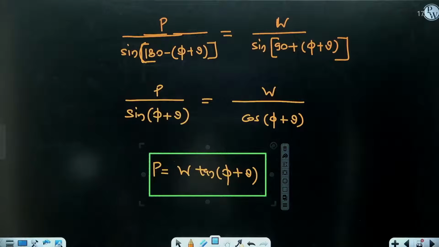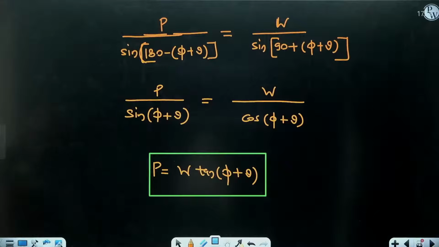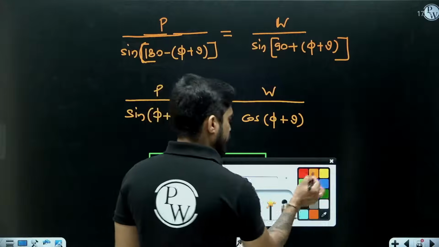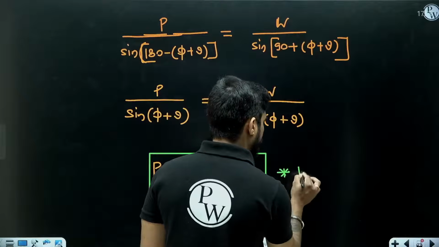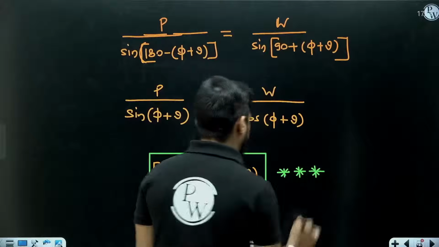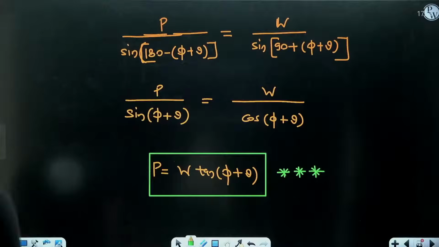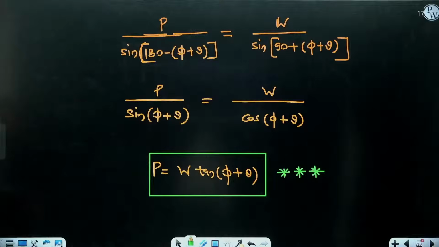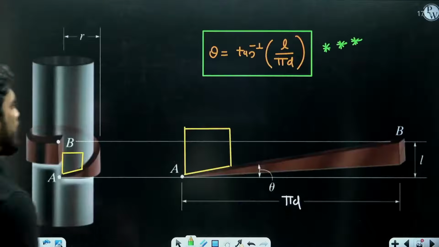This is the force required to raise a weight W on the screw jack, where W is the weight, phi is the friction angle, and theta is the helix angle.